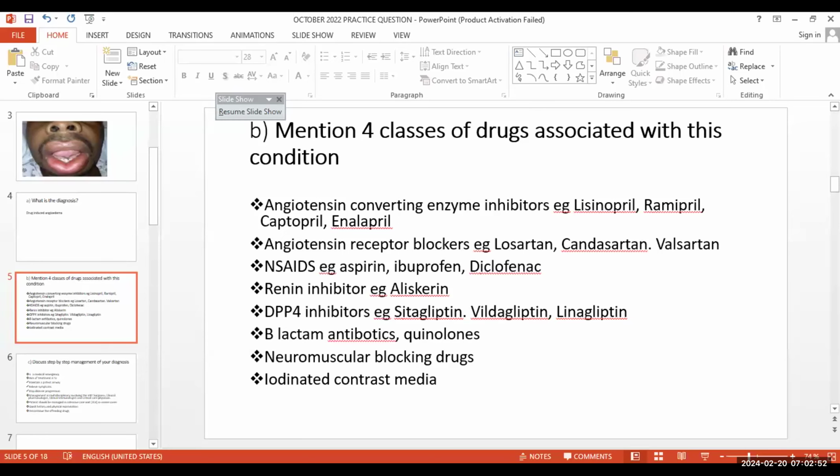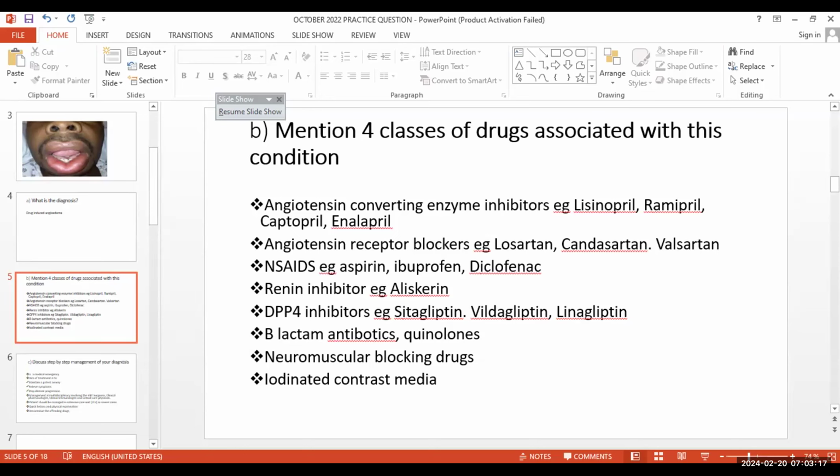The 4 classes of drugs include angiotensin converting enzyme inhibitors like lisinopril, ramipril, captopril, and enalapril. Angiotensin receptor blockers, example, losartan, candesartan, and valsartan.